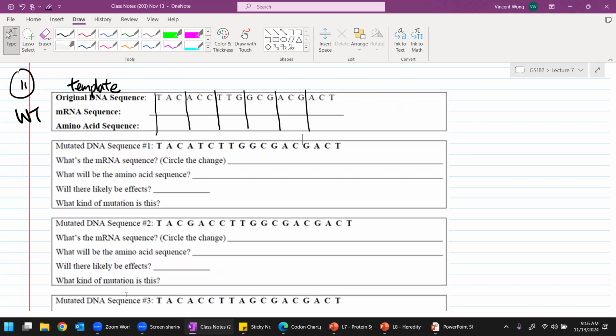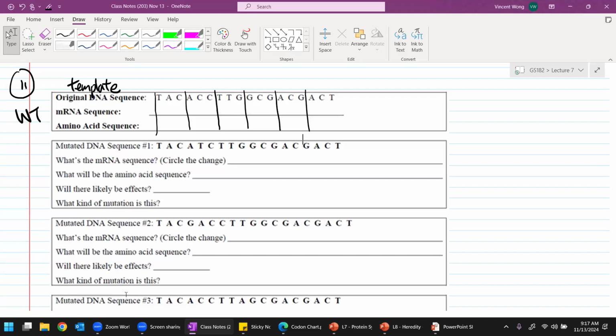This is template DNA. If you want to go from template to messenger RNA, you have to do the base pairing. Template DNA. So if you want to go from template to mRNA, what's the relationship?